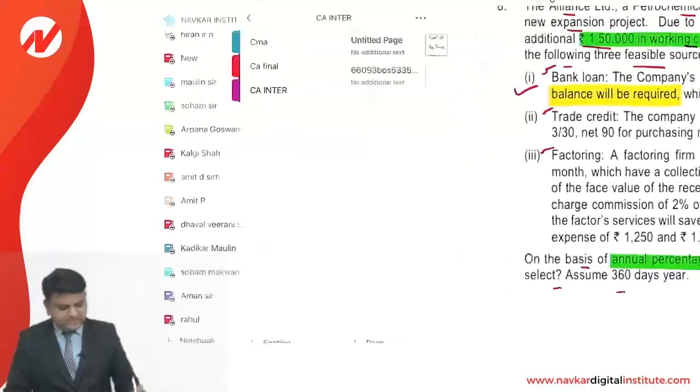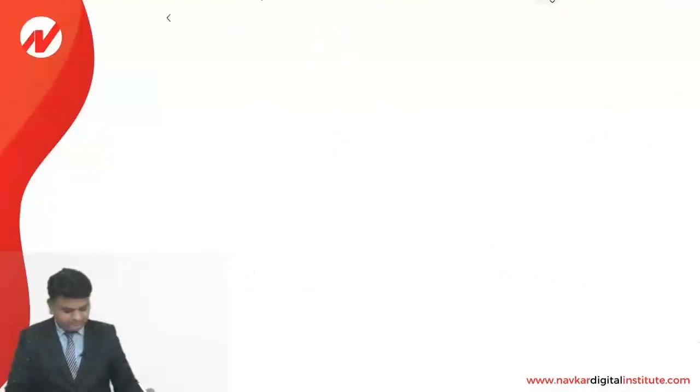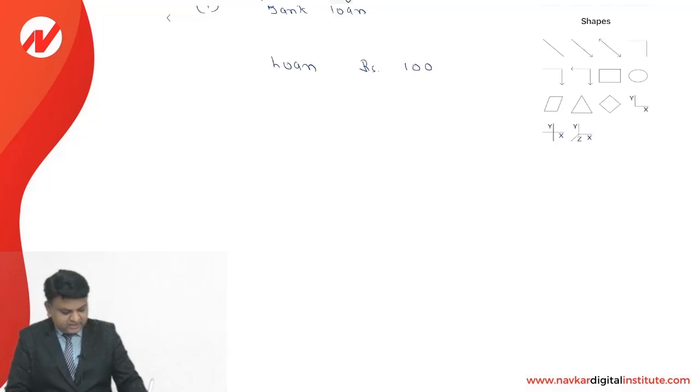What does it mean? Let me explain first. If you are taking a loan of, for example, 100 rupees, then at the rate of 15% you have to pay interest.